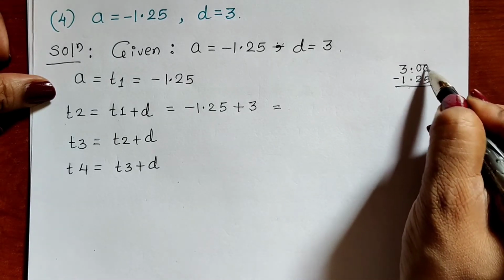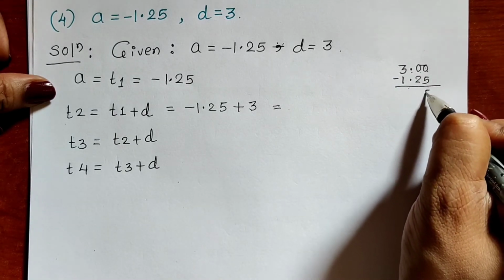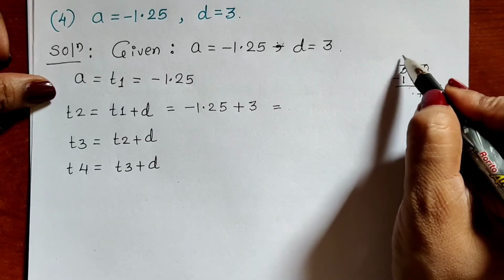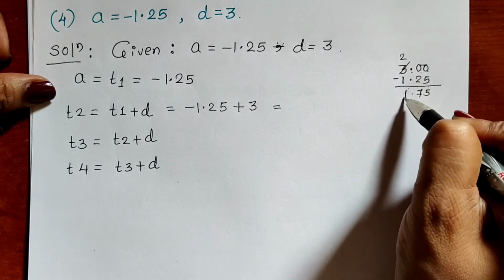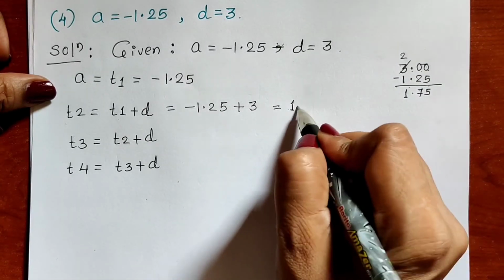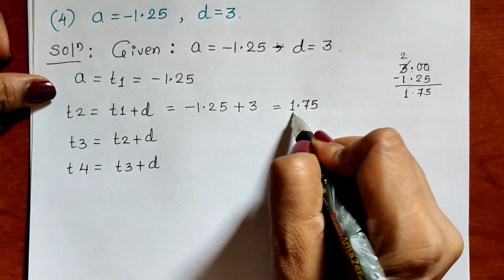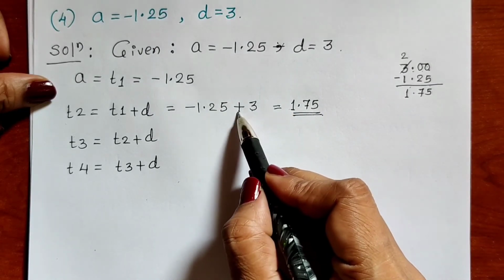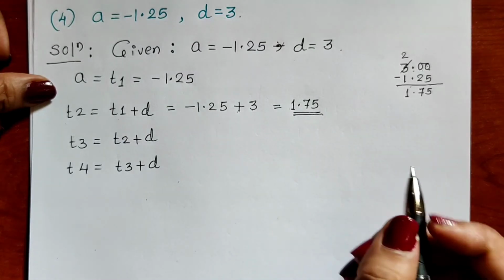And now do the subtraction. What we get here? 75. Correct? And then 2 minus 1 is 1. So answer is 1.75. And sign is plus because the bigger number is having sign plus. So answer sign will be plus.